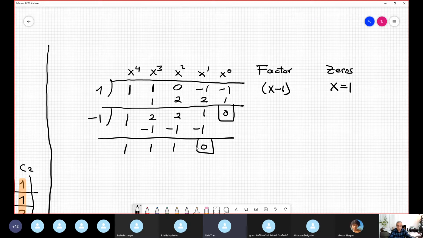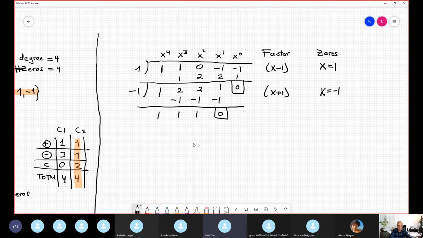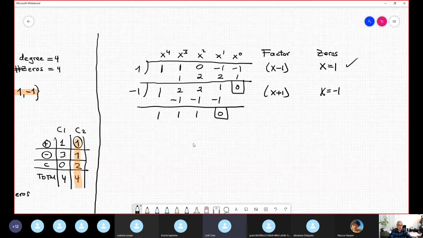Entonces the factor x plus 1 belongs to the polynomial. And the 0 is negative 1. According to Descartes rule, look, we have one positive, okay, I suppose que es this, and one negative, okay, I suppose que es this. So we have two complex.